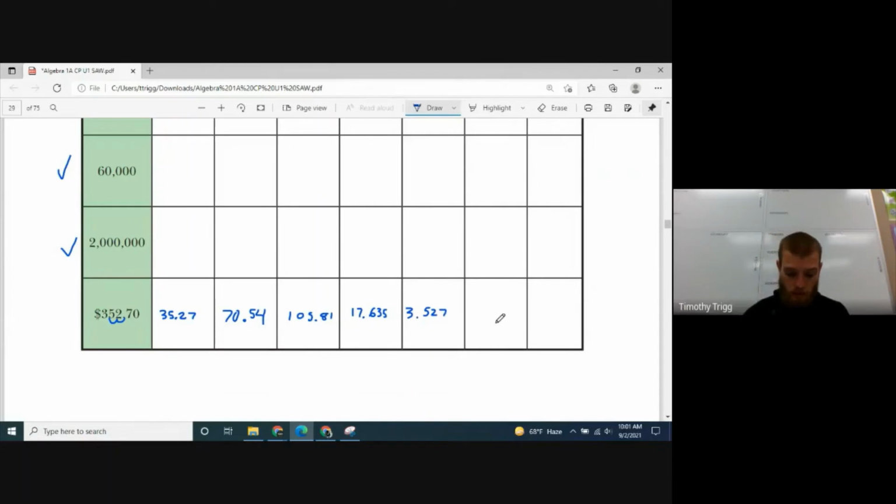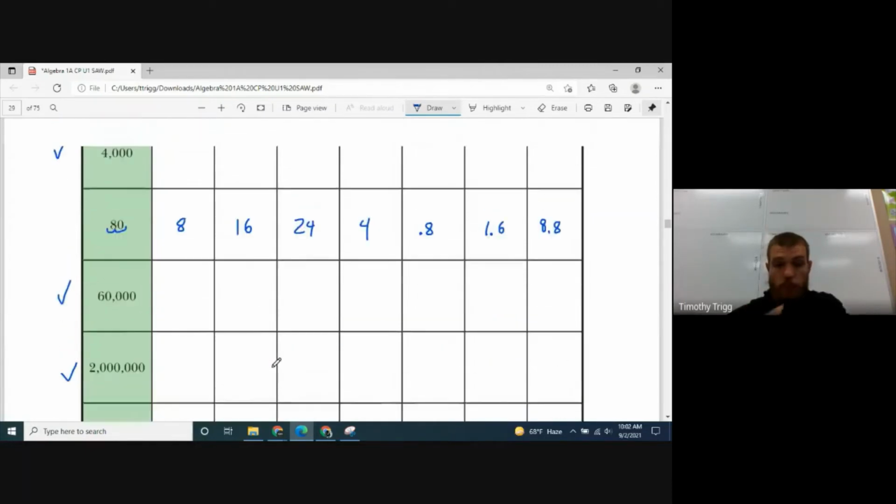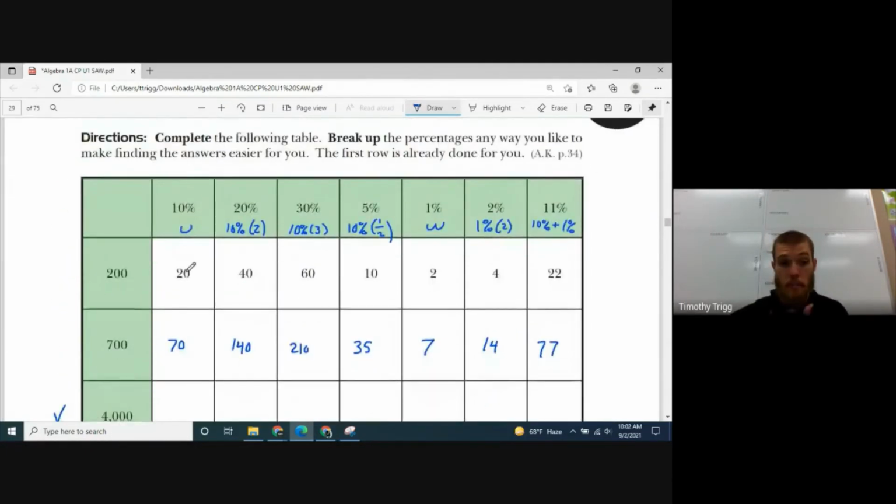So 3.527 times 2 is 7.054. And lastly, for the 11%, we add the 10% plus the 1%. So 35.27 plus 3.527. 38.797.